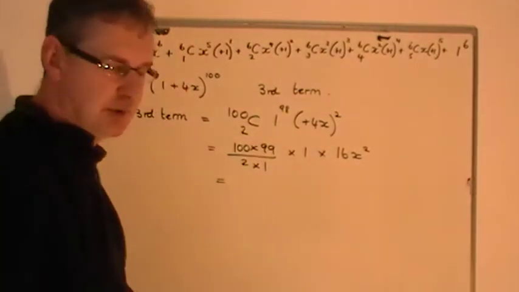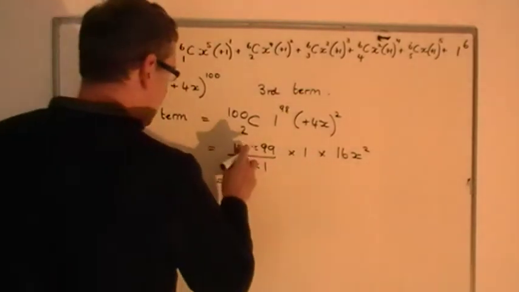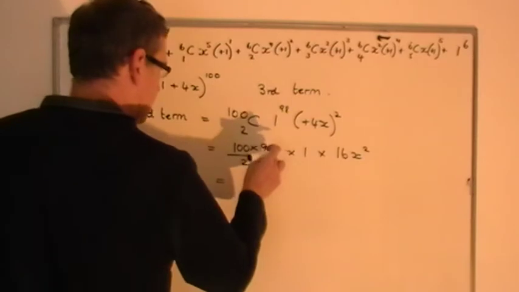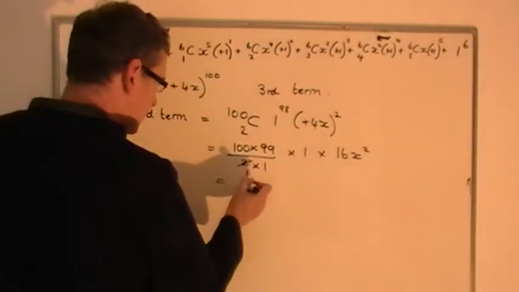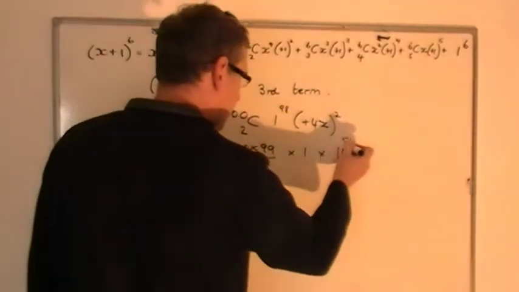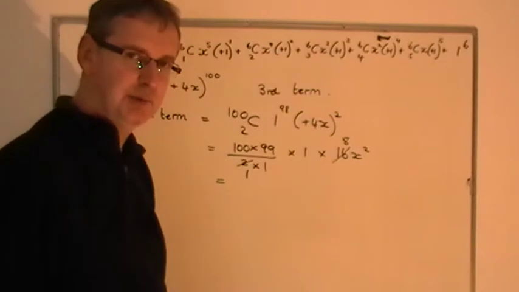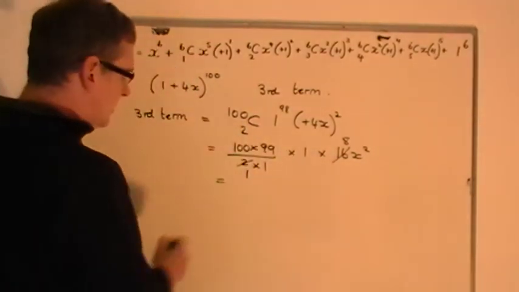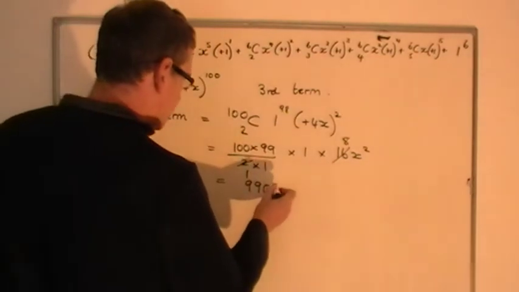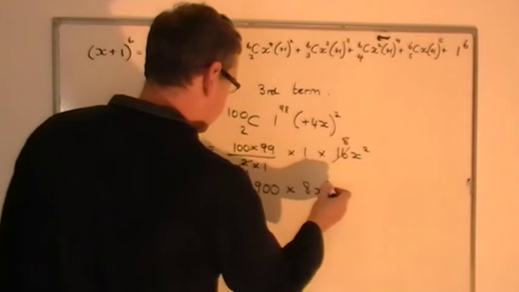So I don't think the numbers would get quite as big for a C1 question. Okay, 100 times 99, I think I'll cancel that 2. 2 into 2 goes once, and I'll cancel it with the 16 over there to make it 8. I won't cancel the 100, because obviously 100 is nice to multiply by. So here we go, we've got 99 times 100, that's 9900, and then we've got to times it by 8x squared.